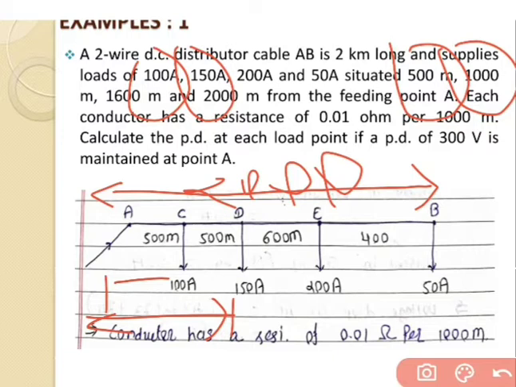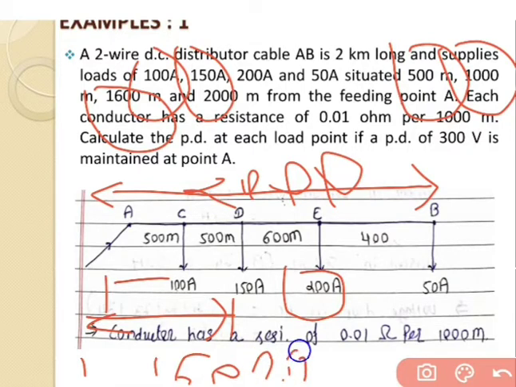Go for the third loading condition, 200 ampere, at a distance of 1600 meter. From point A to point D the distance is 1000 meter, so the remaining distance is 600 meter, because the third load is at 1600 meter, as given in the problem.